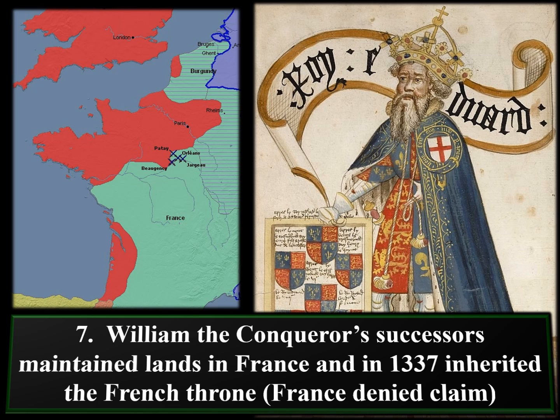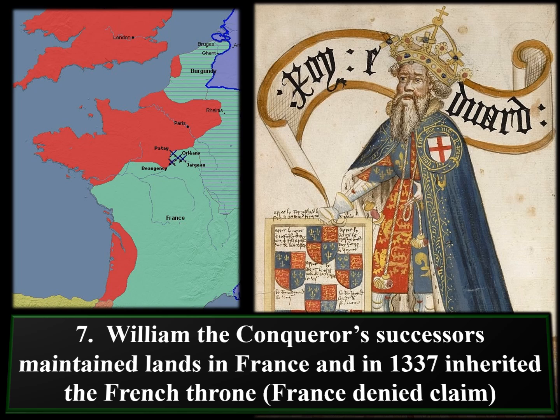And in 1337, they actually inherited the French throne through the bloodline, marriage alliances, etc. However, when the Capetian dynasty comes to an end, I should say, the cousins of the Capetians did not recognize the right of the successors of William the Conqueror to reign in France as well as in England.